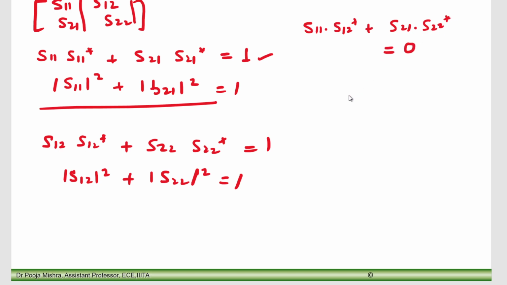This should be equal to 0. All the conditions should be fulfilled if you want to determine the lossless condition. The first condition says the sum of products of elements in one particular column, obtained by multiplying each element by its complex conjugate, should be equal to 1.